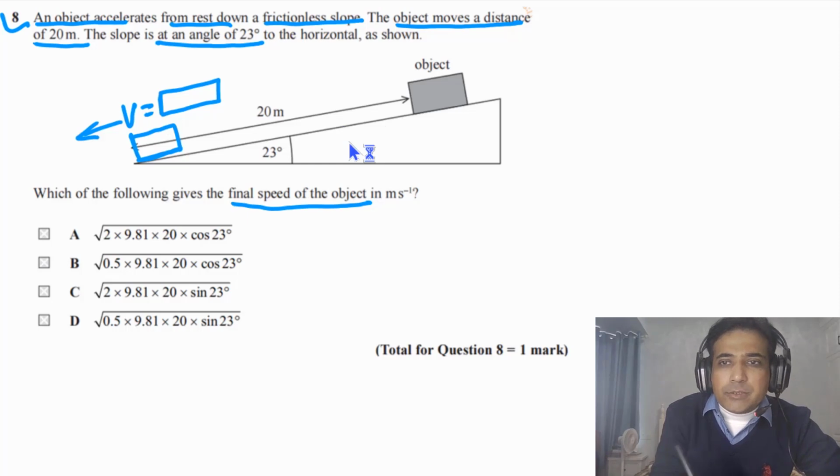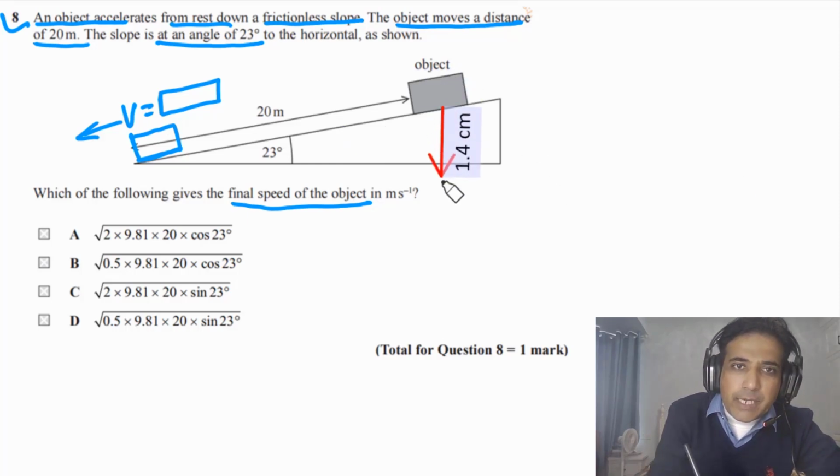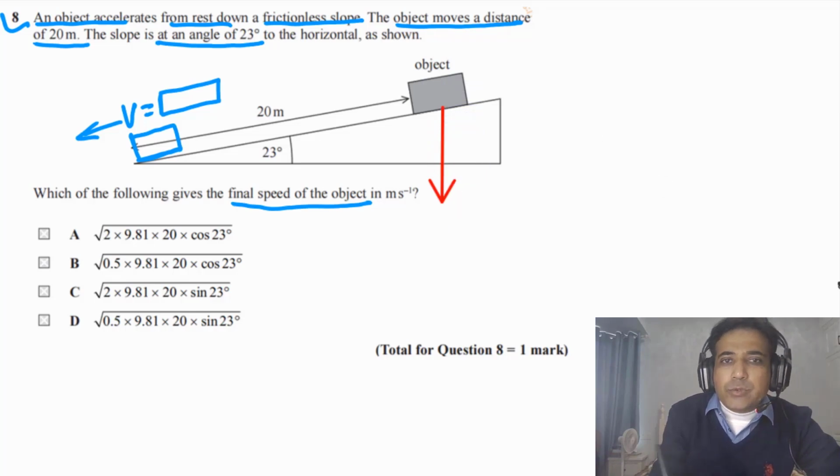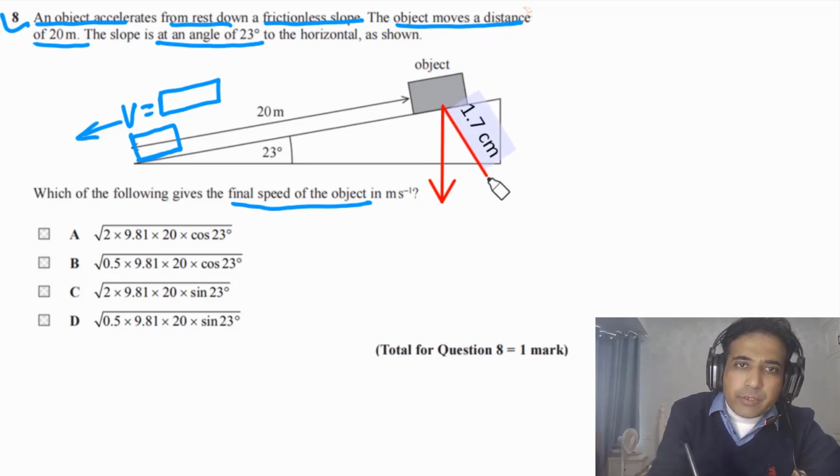In order to answer this question, we can first draw the forces acting on this object. This is the gravity, acting vertically down. We can also resolve this gravity into components.